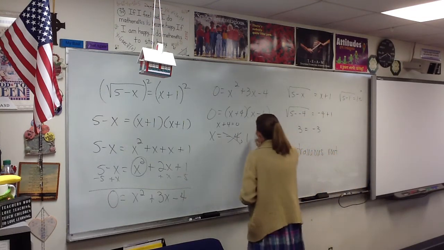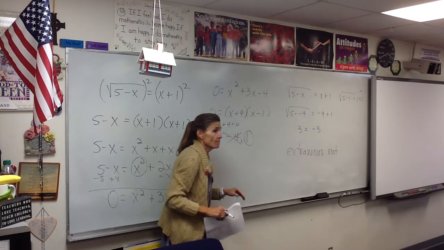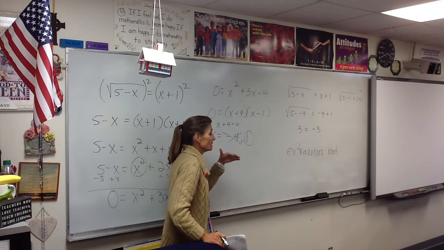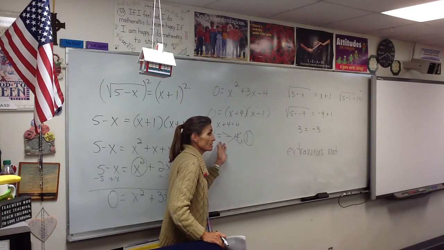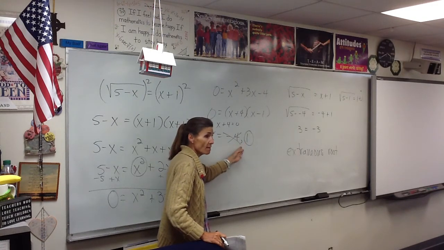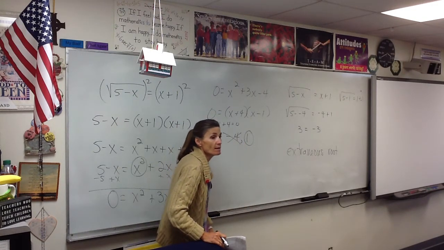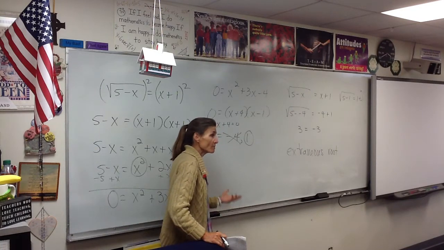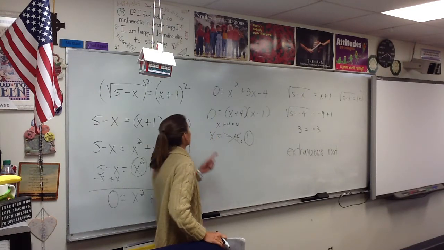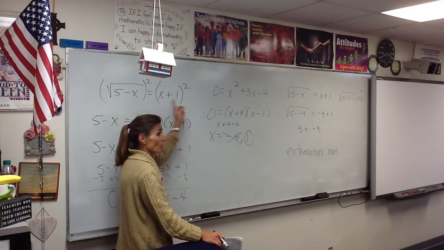Now, gang, please understand that sometimes both answers work, sometimes one of them works, and sometimes none of them work. So you have to check every single answer if your step was to square both sides.